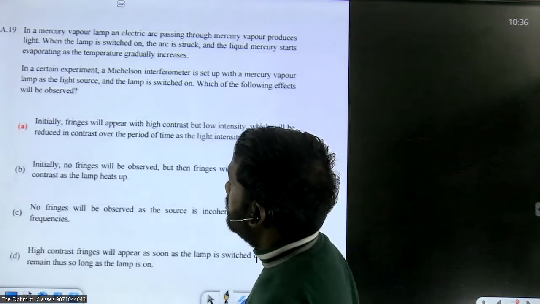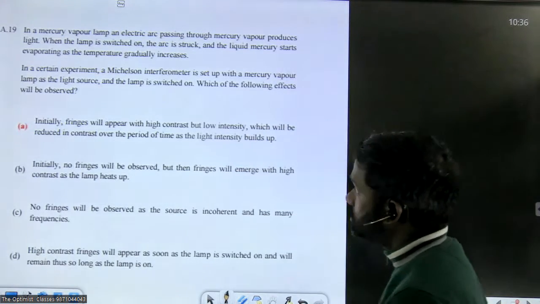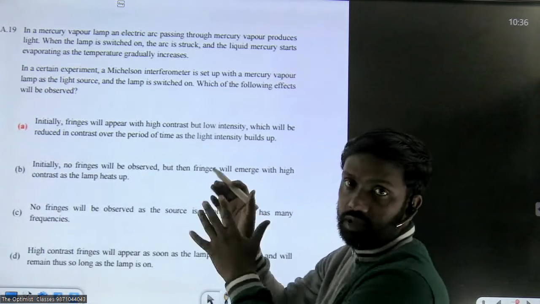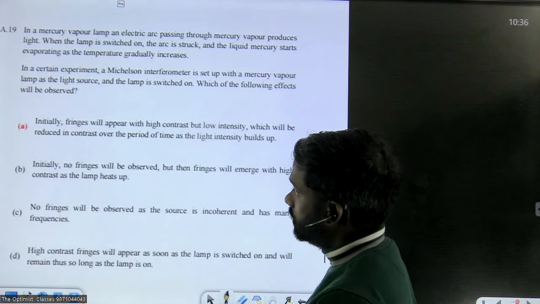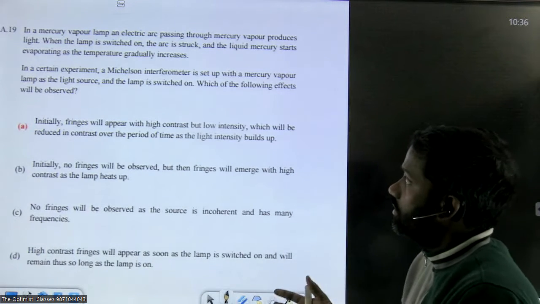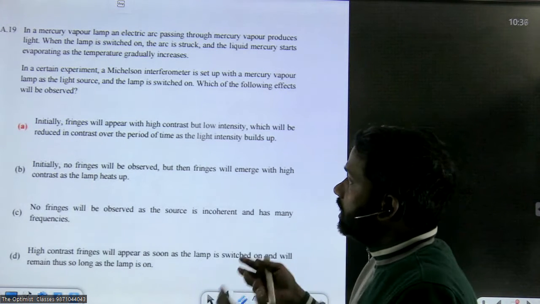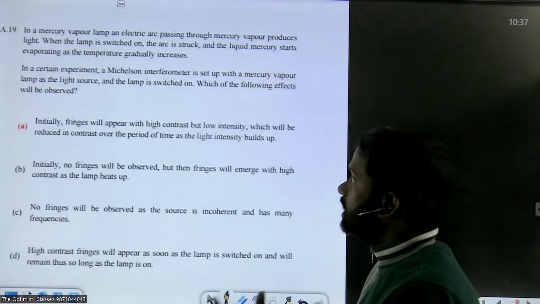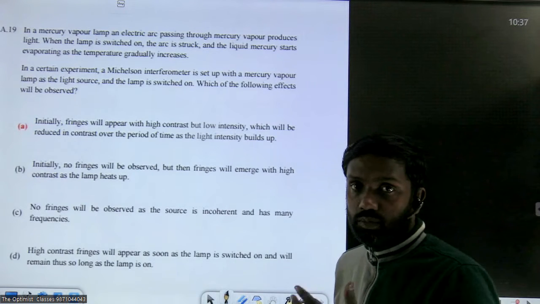Now the question says, in a mercury vapor lamp and electric... So there is basically a mercury vapor lamp which is being used for a Michelson interferometer. What actually happens when the mercury vapor lamp is switched on is that it starts heating up. Initially it emits fewer wavelengths, but as temperature rises, it emits more and more wavelengths.